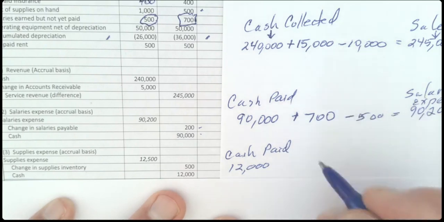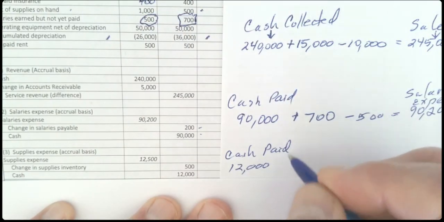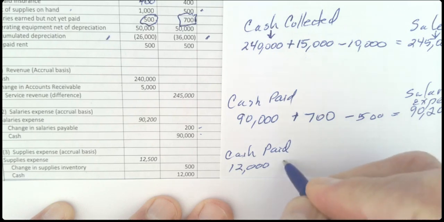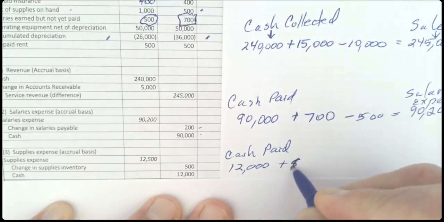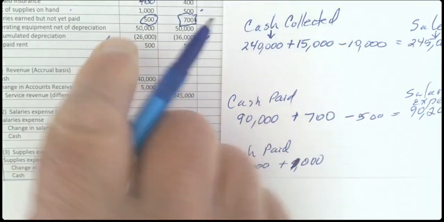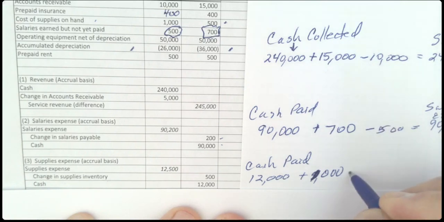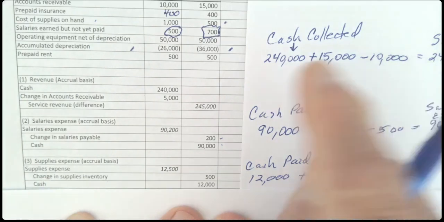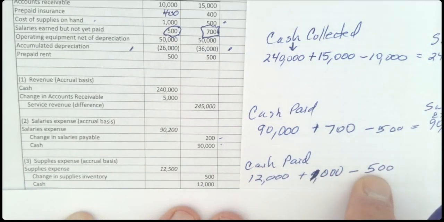But supplies on hand were 1,000, so plus 1,000 for supplies we used that were on hand at the beginning of the year, and then minus 500, which is the cash paid this year, but we haven't used them yet, so they're still an asset.